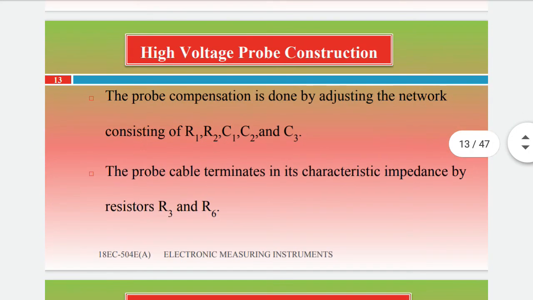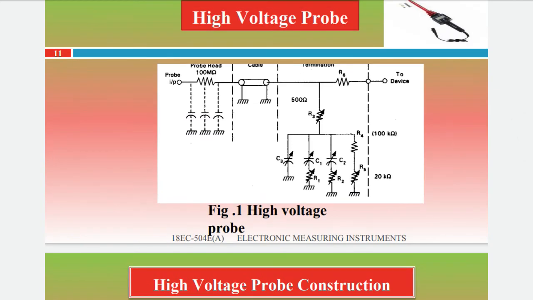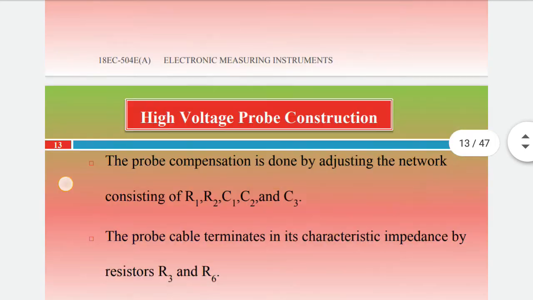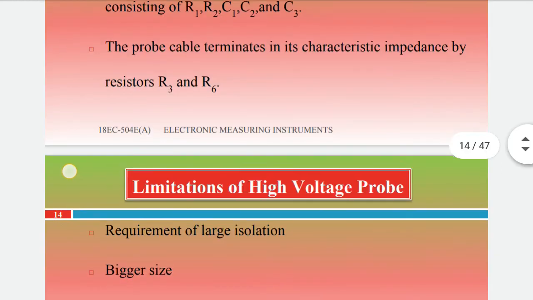And next, the probe cable terminates in its characteristic impedance by resistors R3 and R6. Here R3 and R6 we can see in the figure. By using this we can simply terminate the circuit in its characteristic impedance.